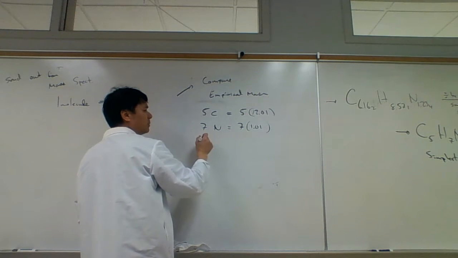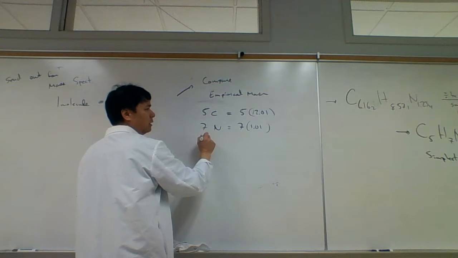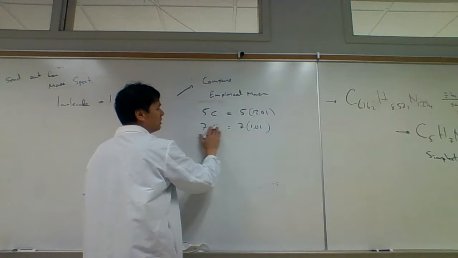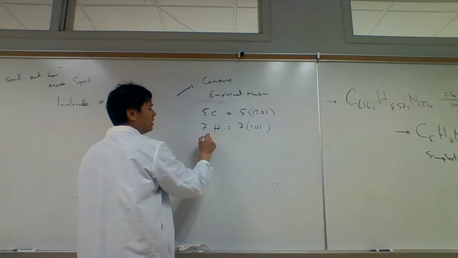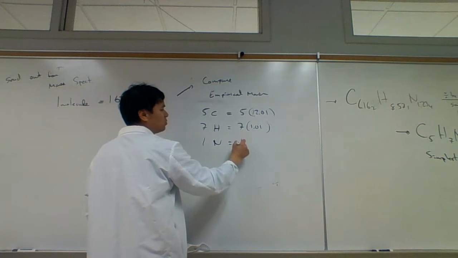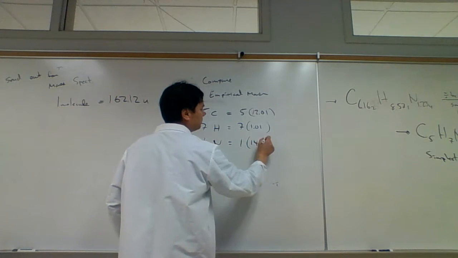When I add this up, I'm going to get my total. Then we have 1 nitrogen. 1 nitrogen is 1 times 14.01.